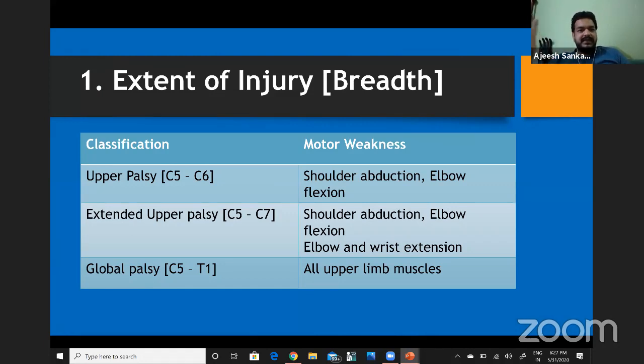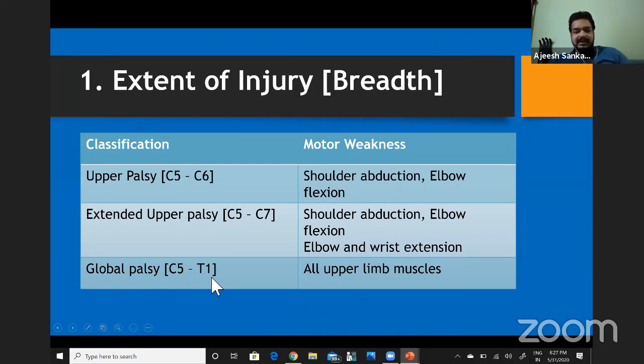Based on the breadth or the extent of the injury, we usually classify them into multiple common patterns, which include the upper plexus palsy, which is an injury of the C5 and C6 component, and then what is sometimes called the extended upper plexus palsy, which includes the C7 component as well. And then obviously the global palsy, which is the entire breadth, C5 to T1.